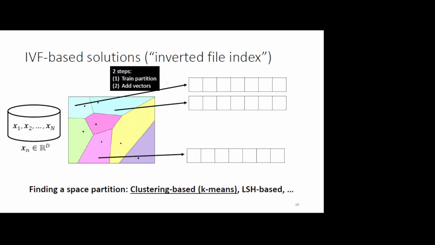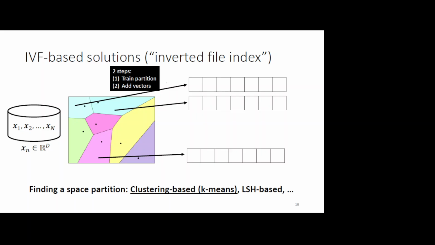Although K-means takes a lot of time, so you should not use all the 1 billion to build the partitions. Maybe you just pick a sample, for example just 1 million data samples from your database, and use K-means to find these centroids and the partitions.